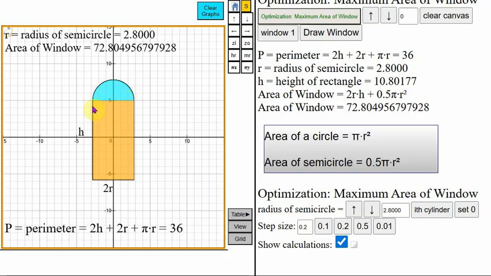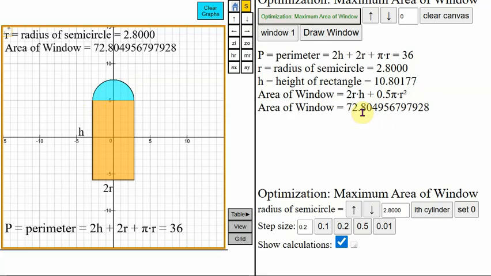The area of the rectangle is h times 2r, or 2rh, and the area of the semicircle is half pi r squared. Once again, our problem is we want to know for what h and what r will give us the maximum area.